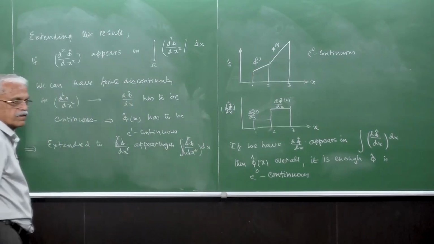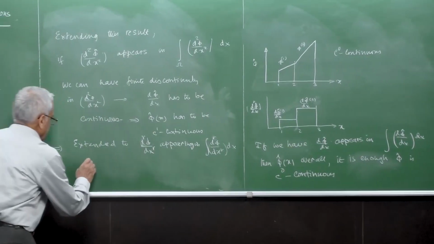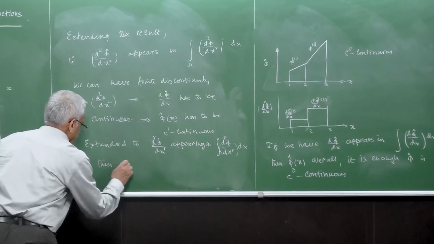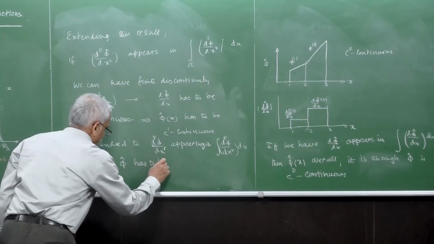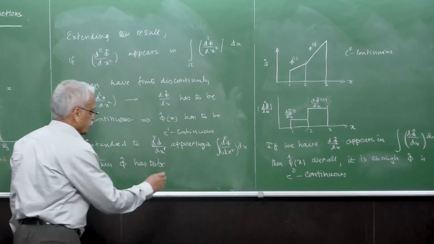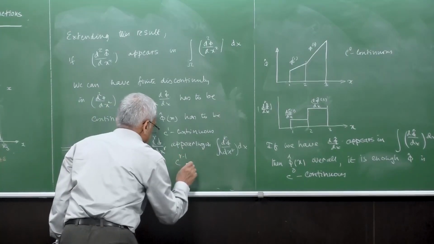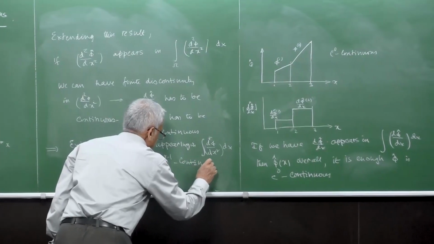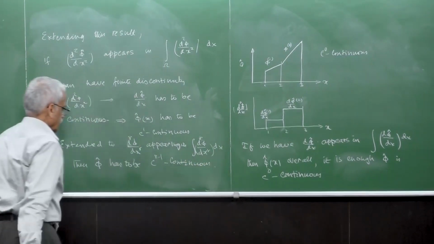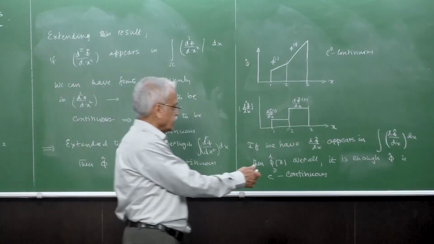Then what kind of requirement is there for φ? φ̂ has to be C^(r-1) continuous.